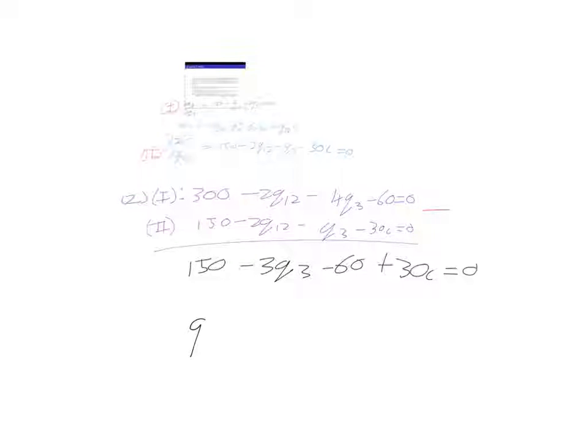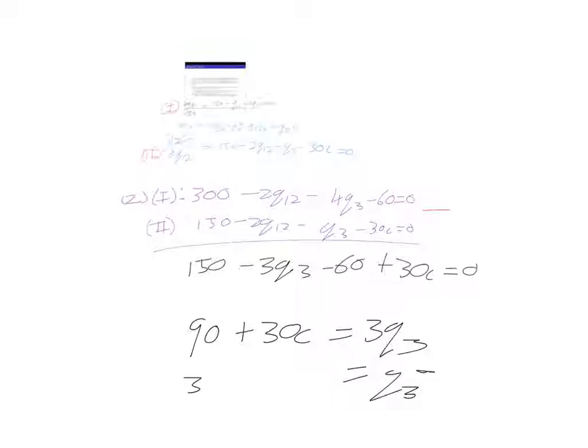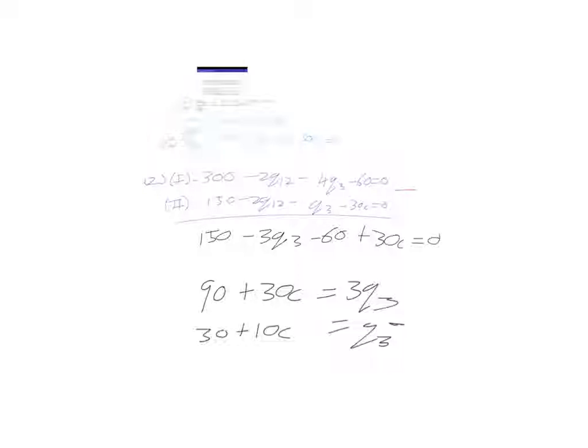If you keep going, you get 90 plus 30C is equal to 3Q3. And you get that Q3 star is going to be equal to 30 plus 10C. So that's Q3.